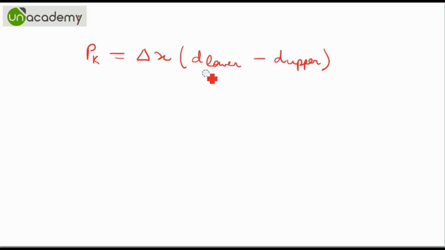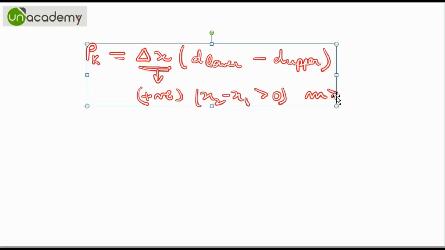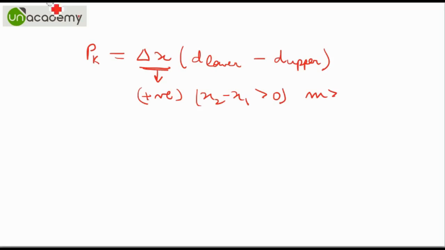Since delta x will always be positive, x2 minus x1 will be greater than 0 for the coordinates that we plot the line. So we will have this for slopes m less than 1.